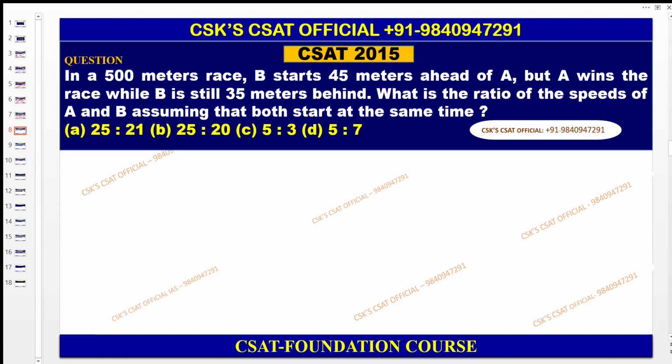You need to give enough time to this. We have already solved this in the time, speed, distance concept also. I have done this question, but anyhow, just have an idea here.